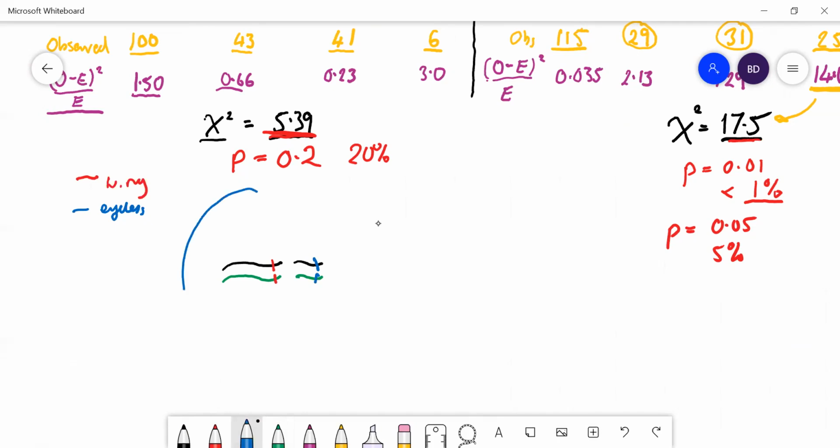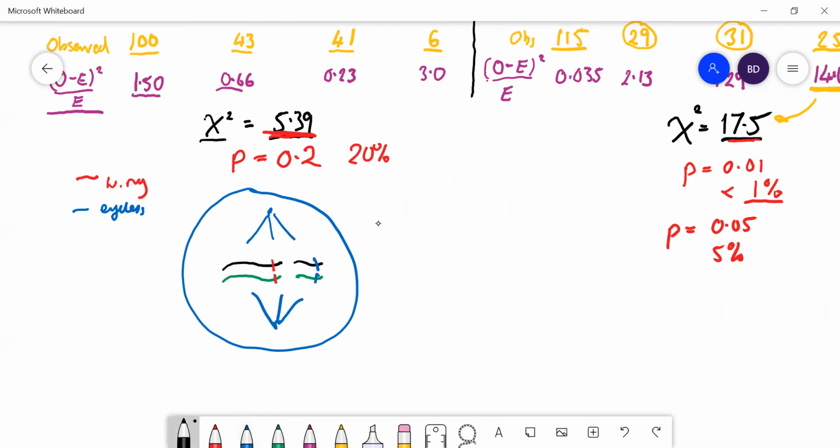Now this is in the cell, so the homologous pairs are lined up at the equator of the cell. There's the spindles. Meiosis is going to occur. So the gamete you're going to get is, I'll just draw it, you get those two chromosomes there. So there's your genes. But of course, what could equally happen is, because you get independent assortment of the chromosomes, random assortment of them, they could swap round.